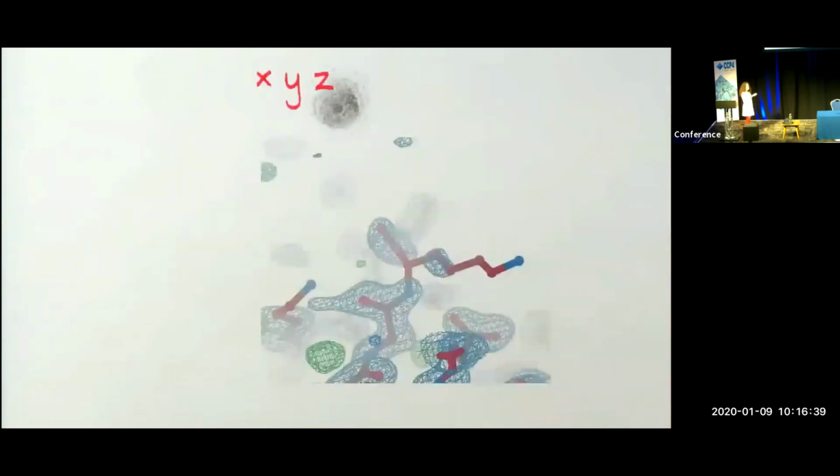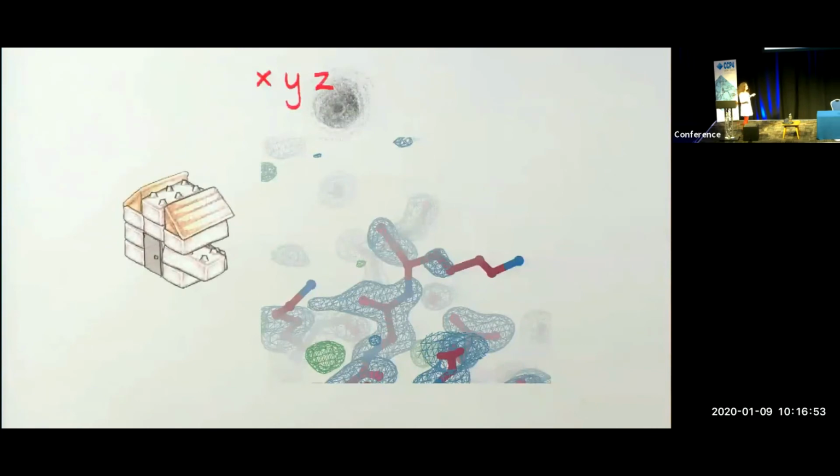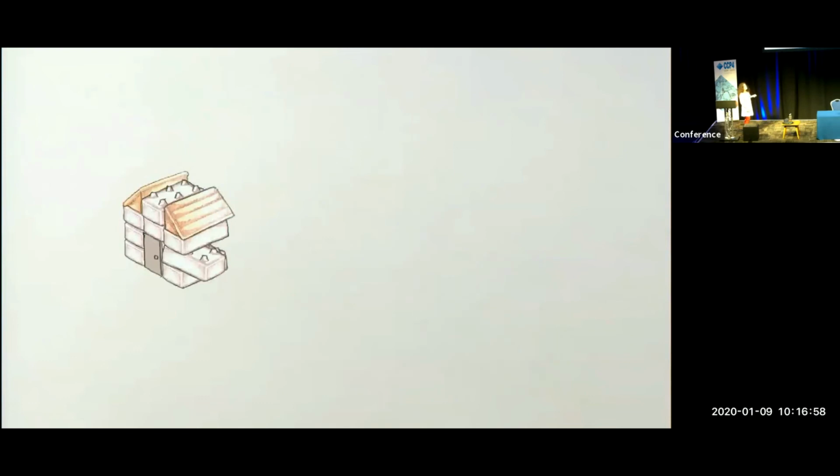So this is a loop region involving a lysine. And as you can see, the backbone density is not connected very well in this region. And so I'm going to refer to this model now as the uncorrected model. And I'm going to show you what happens when you pass the uncorrected model through Vagabond.